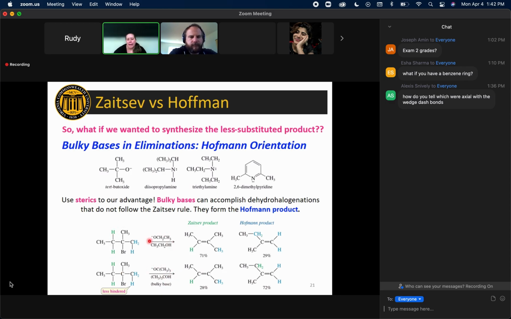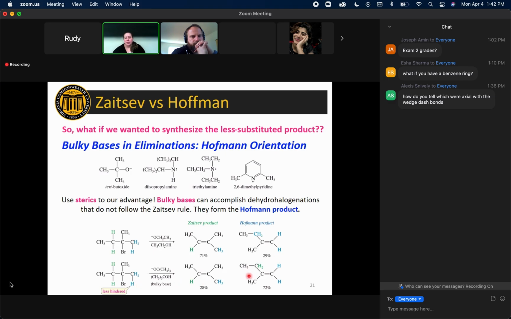If, however, we trade out our ethoxide for tert-butoxide, and of course, we're going to put this in tert-butanol instead of in ethanol, because once we deprotonate, we'll have the alcohol solvent. So if we switch to this bulky base of tert-butoxide, that tert-butoxide, because it is bigger, has a little bit harder of a time getting to the green protons because they're a little bit more hindered. And so it's going to grab one of the blue protons, which are less hindered.